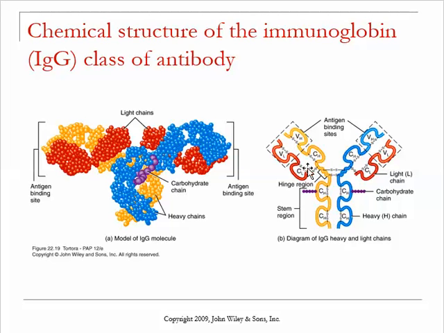And they're kind of Y-shaped, and they bind to the antigen over here, right? And the stem region sticks out. So this binds to the antigenic determinant of the antigen. A couple of different proteins, but you can see why they're globular proteins.